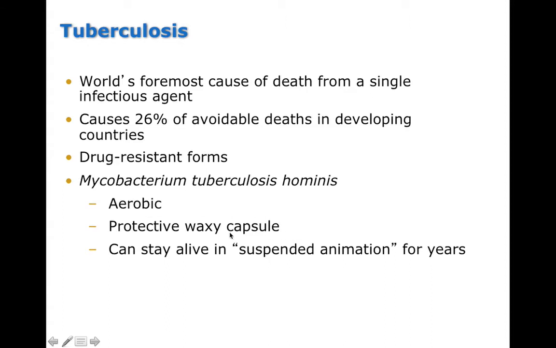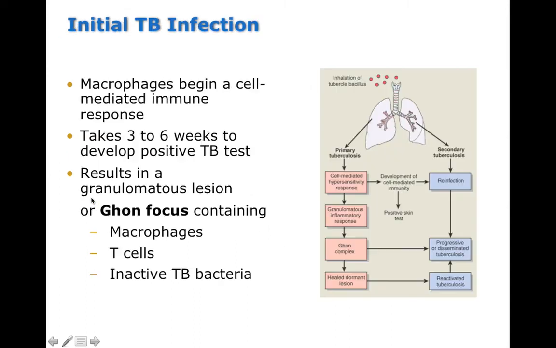It does have some invasive factors like a protective waxy capsule, and this actually evades phagocytosis so that it can live within a phagolysosome of a macrophage. Because of this, it can stay alive in suspended animation for years. If it can live within a phagolysosome of a macrophage, it's not going anywhere. In fact, it's pretty difficult to remove once you have an active infection of tuberculosis.